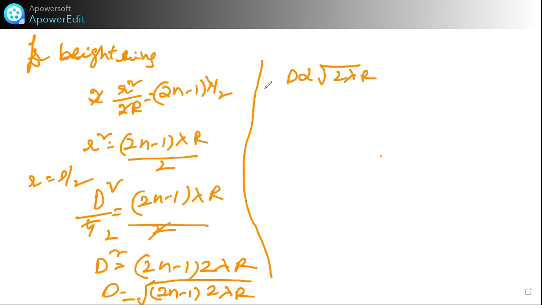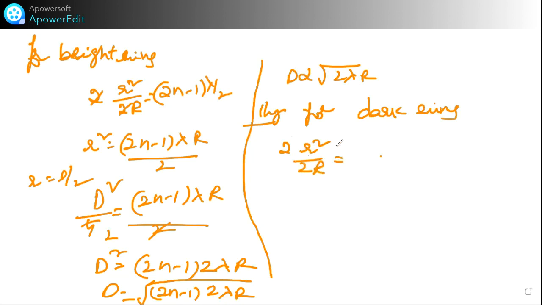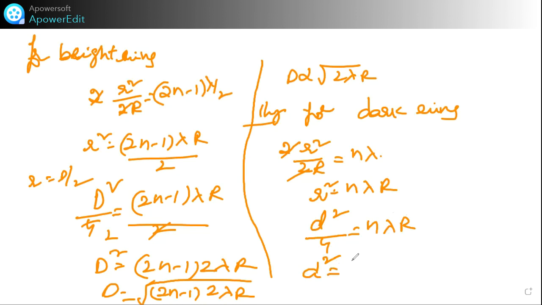So similarly for dark ring, 2 into r square by 2R is equal to n lambda. 2 cancelled, r square is equal to n lambda R. r square means D square by 4 is equal to n lambda R. D square is equal to 4n lambda R, so D is equal to 2 root n lambda R. So this is proportional to root n.